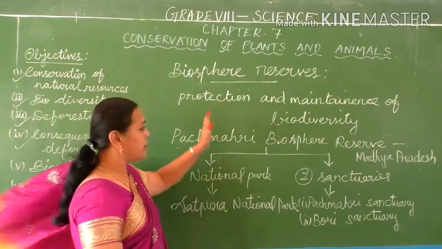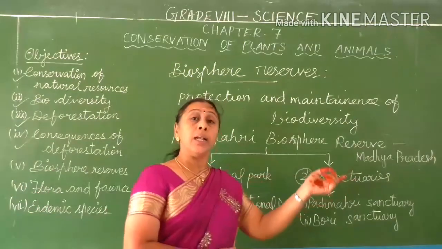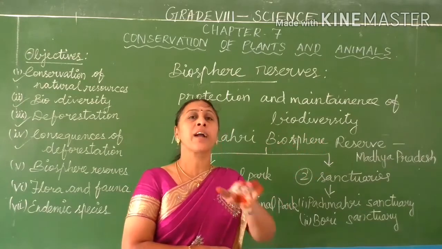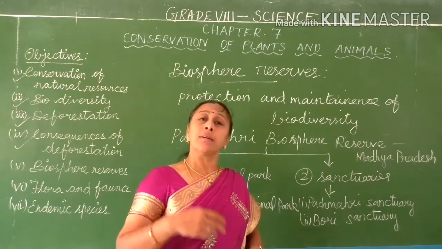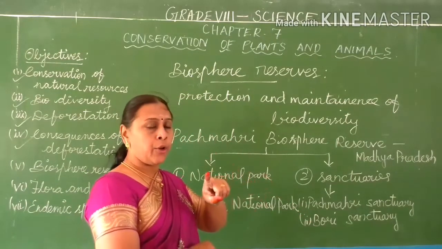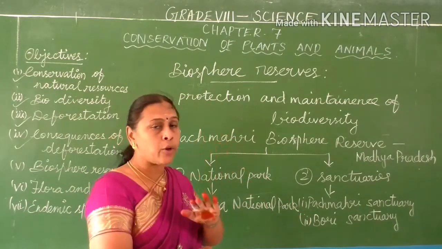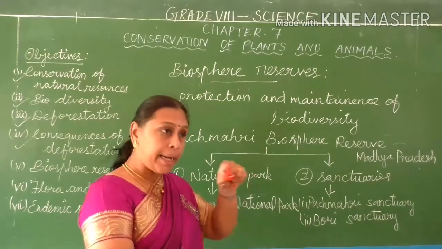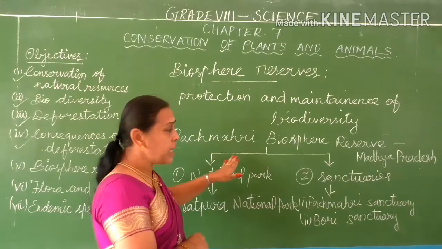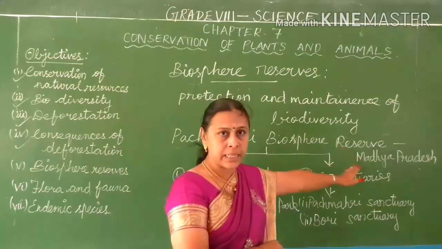A biosphere reserve means a large protected area for the multi-purpose conservation of biodiversities. The world has many biosphere reserve areas, and in India, one such area is the Pachmarhi Biosphere Reserve.